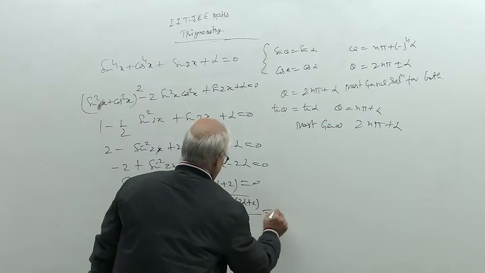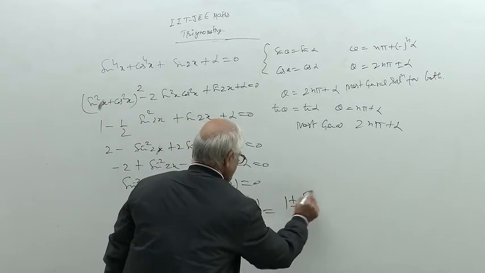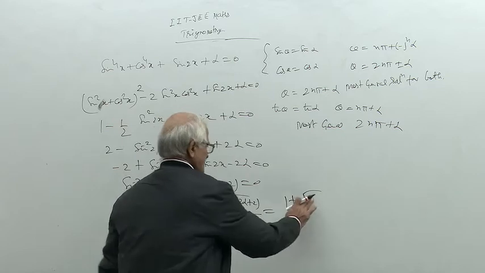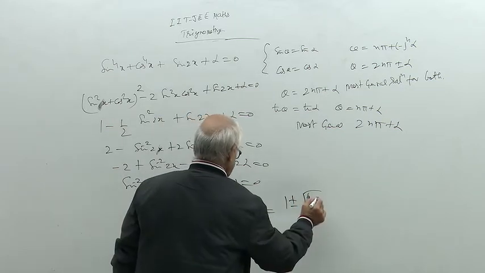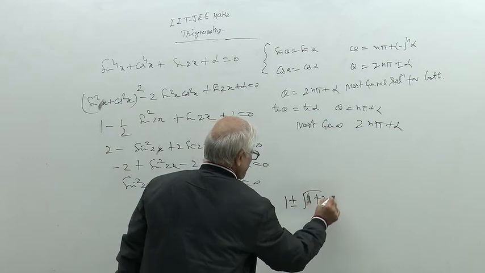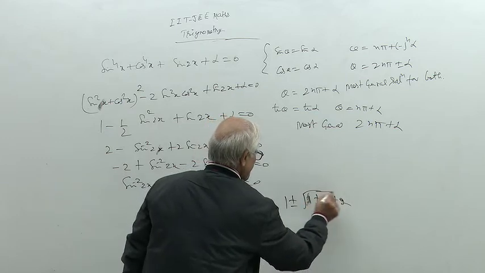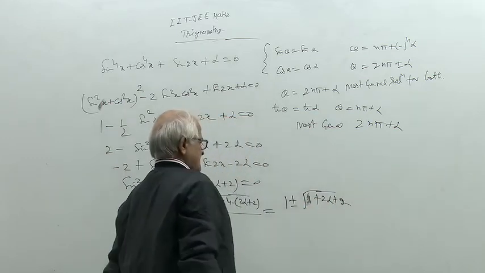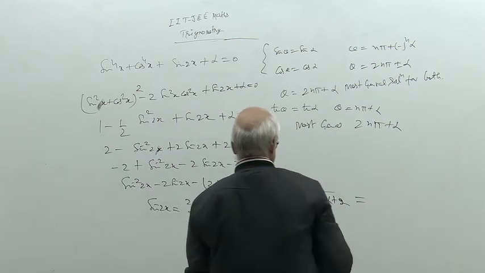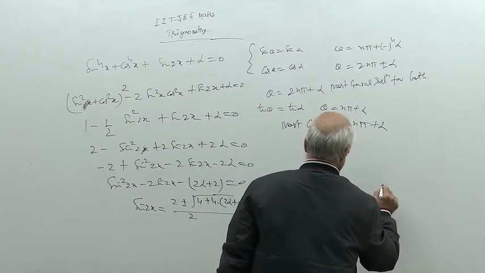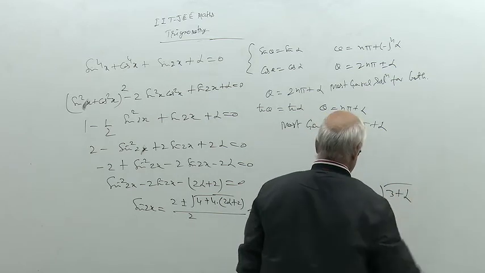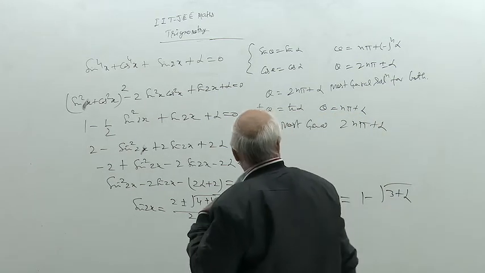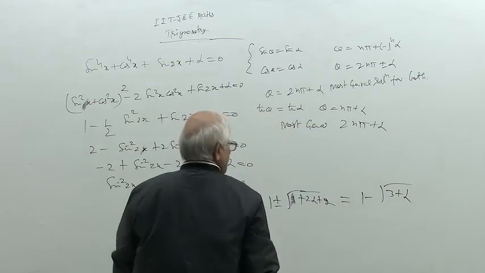This is equal to 1 plus minus under root, we have taken 4 common. Now we have 2 alpha plus 2. We have this. Now this is, we take the minus sign here. 3 plus alpha, 3 plus alpha we take here.